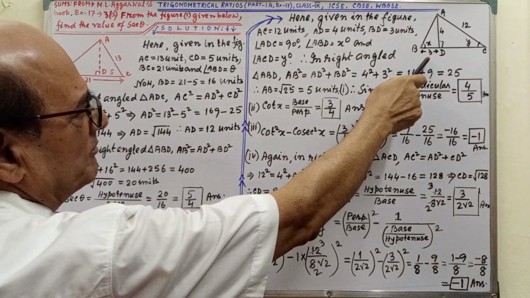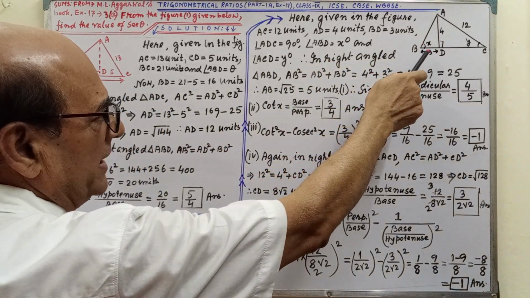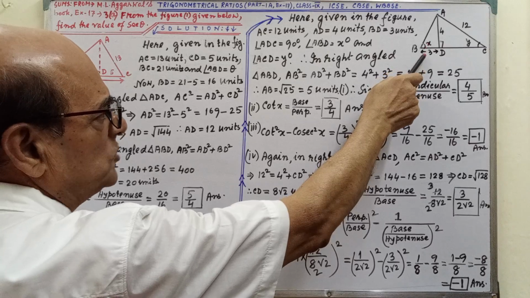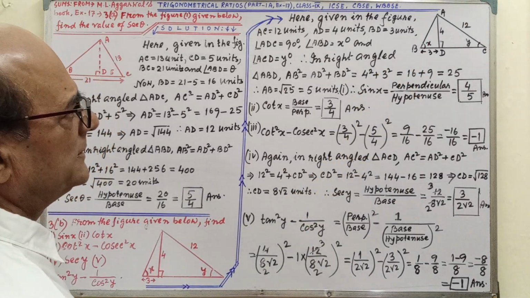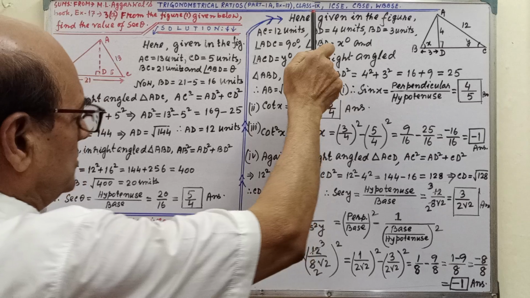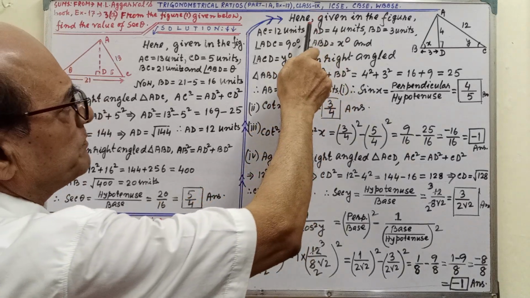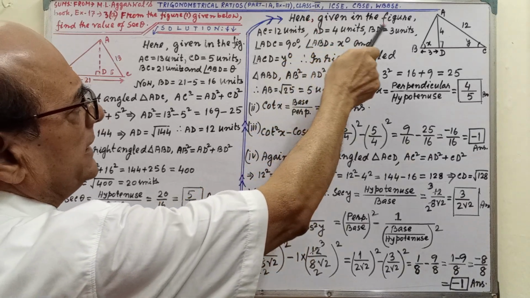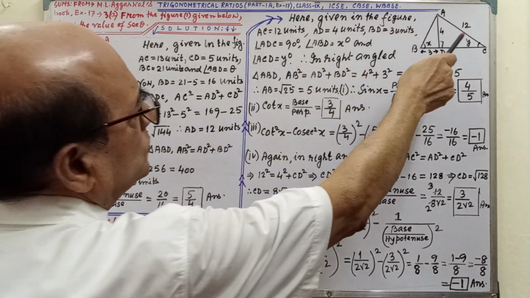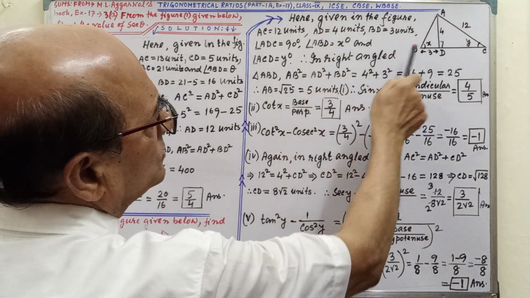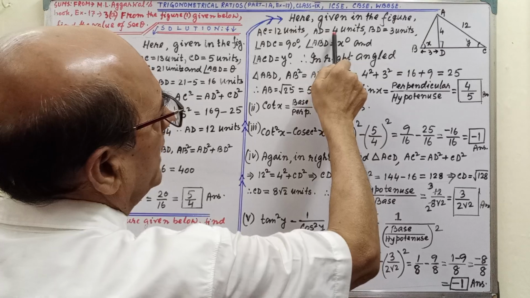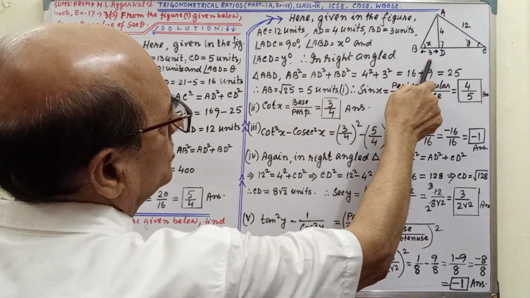Not my suggestion, this is mandatory, you have to draw the diagram. So now pay your attention on the solution. Here given in the figure, AC equal to 12 units, AD equal to 4 units, BD equal to 3 units.